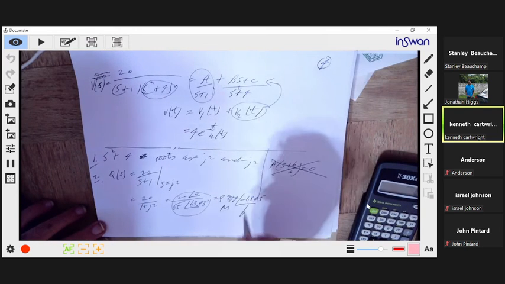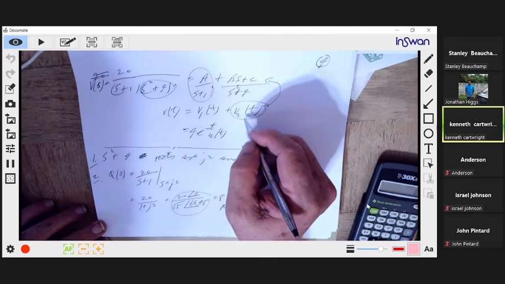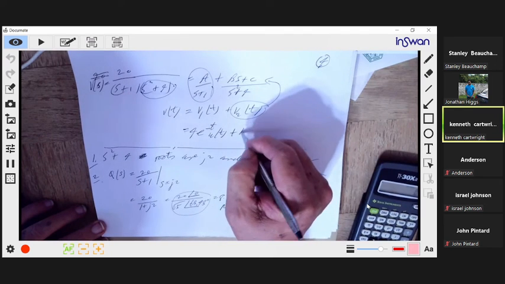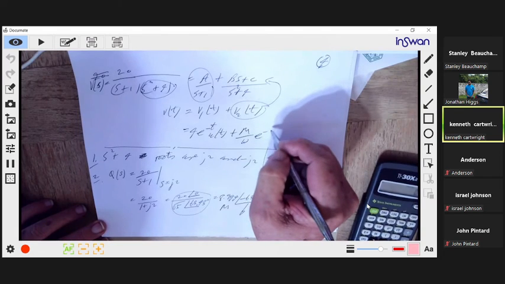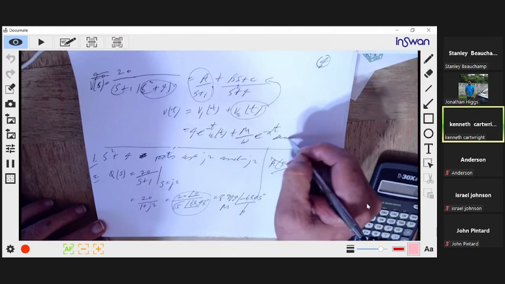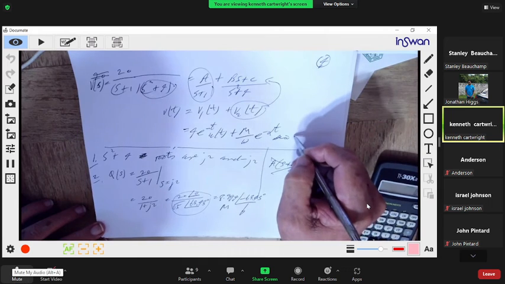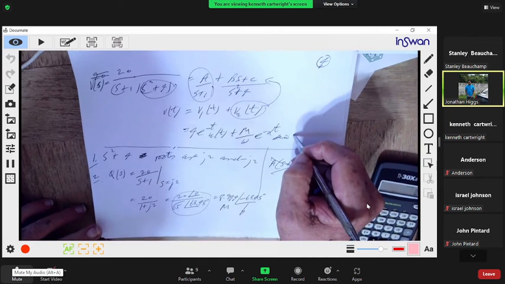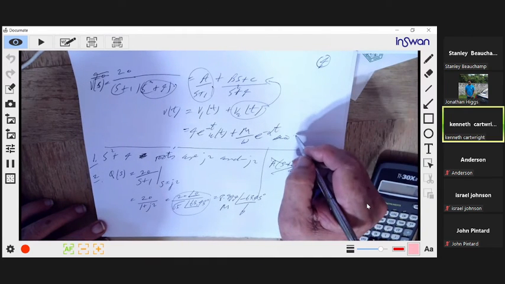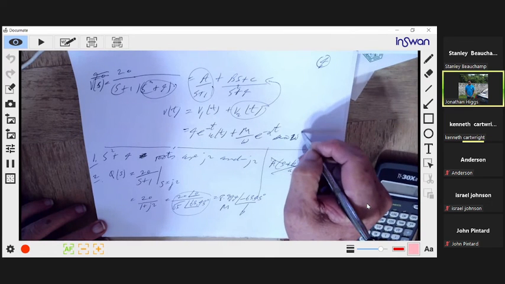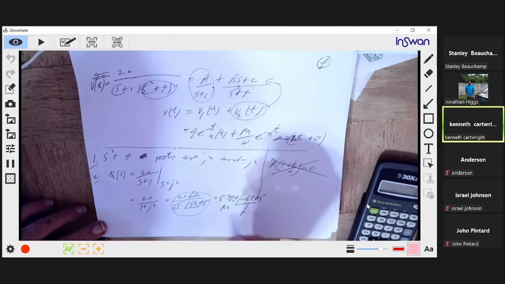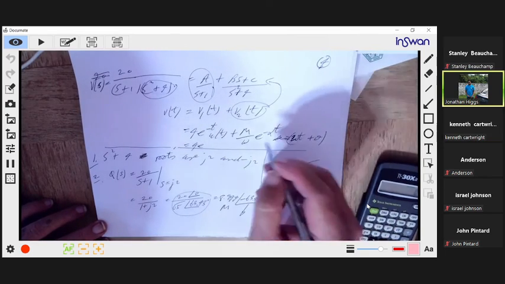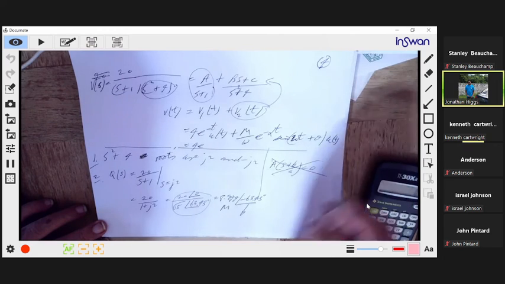Okay. So now what's V2 of t? What is this part? It's M over omega e to the minus alpha t sine of what? Omega. Yes. So omega t plus theta. So this now is 4, times u of t.